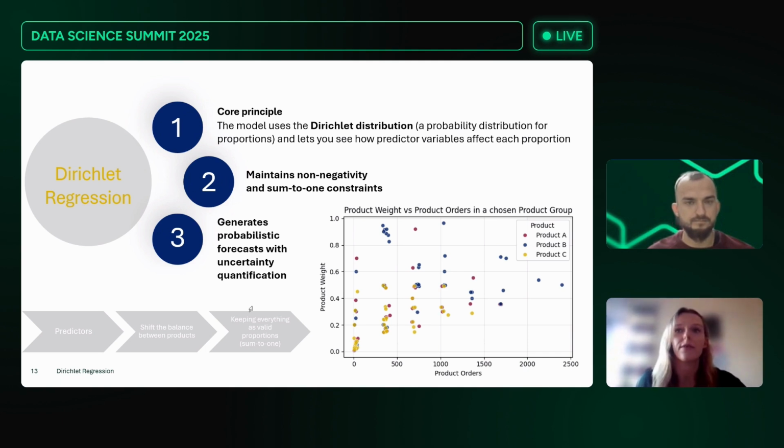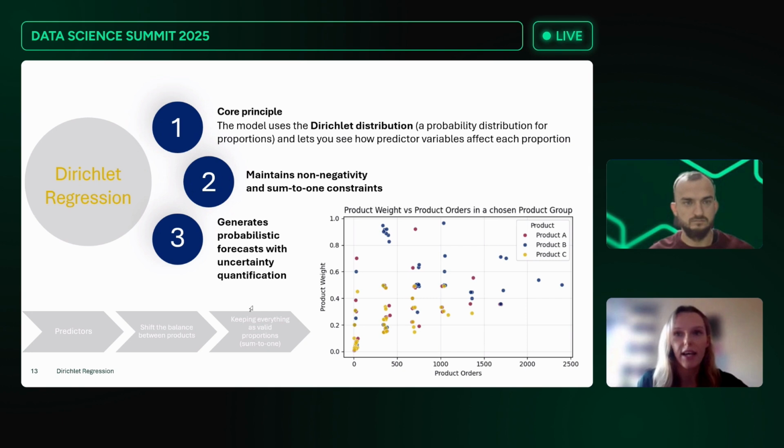The Dirichlet naturally respects the unit sum constraint. And also it generates probabilistic forecasts with uncertainty quantification. Unlike point estimates, Dirichlet regression produces complete probability distributions over proportion vectors.